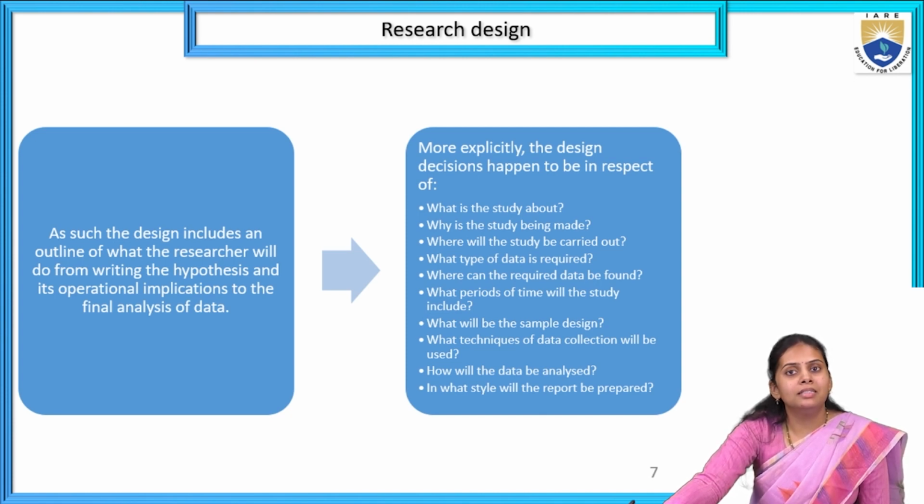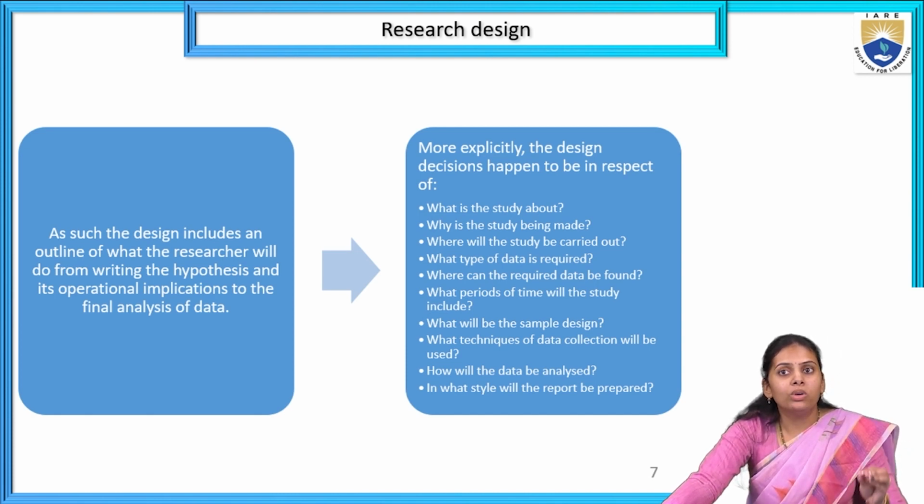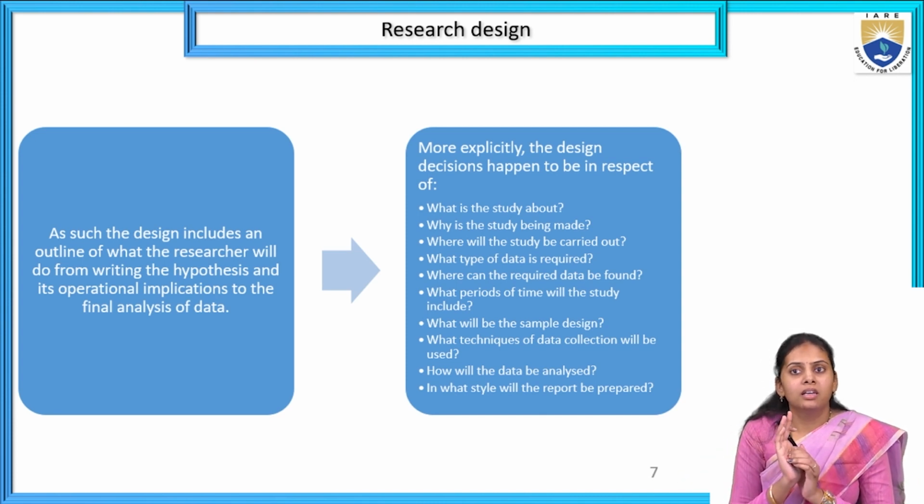Simply, the research design outline covers what the researcher will do, from writing a hypothesis and its operational implications, by questioning what type of study is being made, where it should be implemented and in which manner.